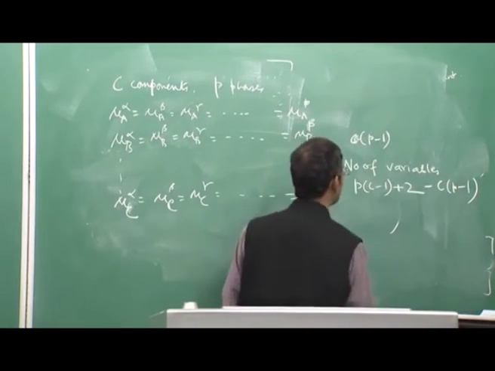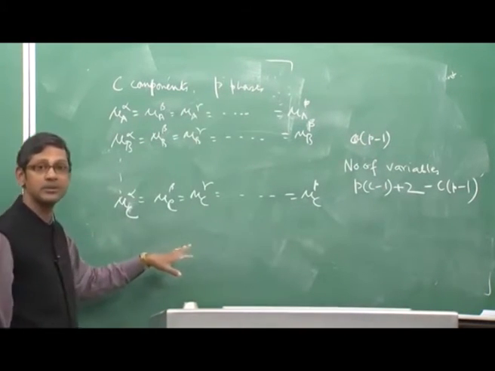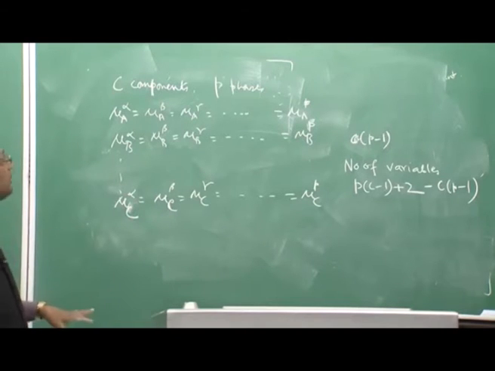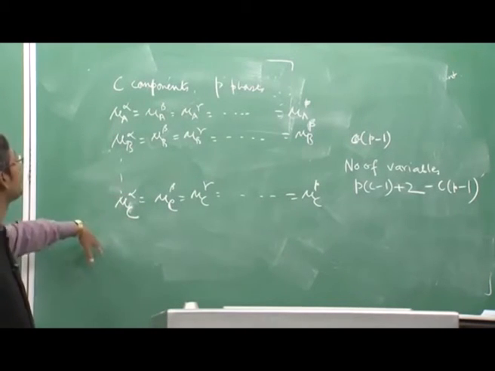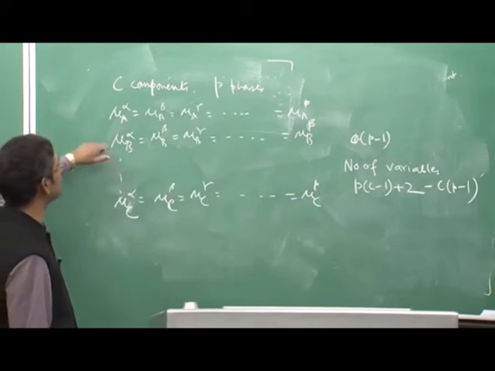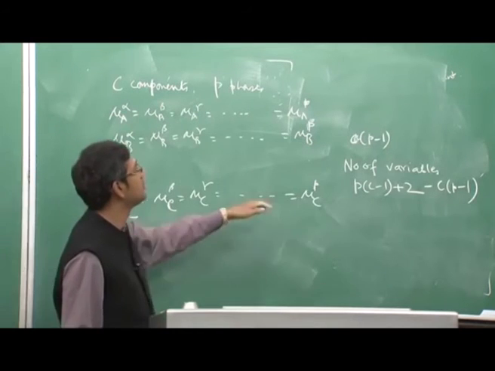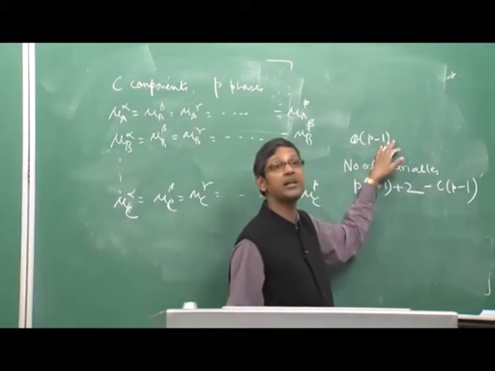These number of variables are already fixed by thermodynamics. This is what Gibbs has done. Beautiful thing. He could have got a Nobel Prize for this, but he died before the Nobel Prize started. That's the problem actually. So you can see all these equations must be satisfied. So these are the things which are already fixed by the system.